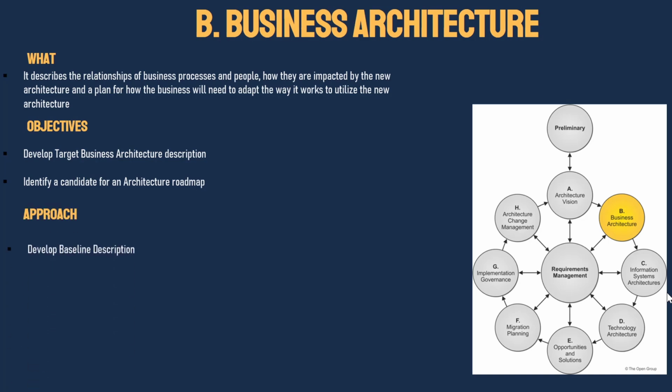Our overall approach starts with a baseline. This baseline uses pre-existing descriptions if they exist from previous work. We then apply business capabilities and map them to organizational unit, value stream, and a plan within the scope of the project.